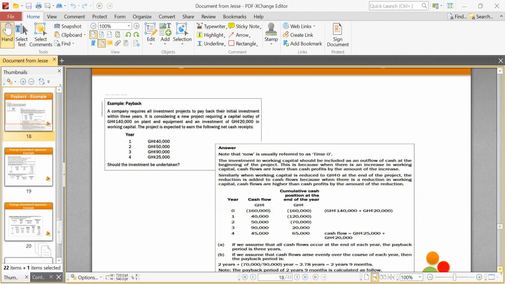Similarly, when working capital has been fully exhausted or is reduced to zero at the end of the project, the reduction is added to cash flows, because when there's a reduction in working capital, cash flows are higher than cash profits by the amount of the reduction.